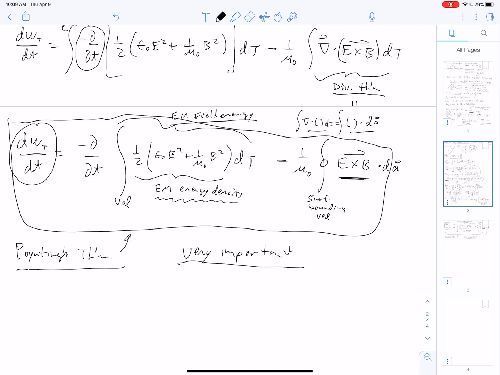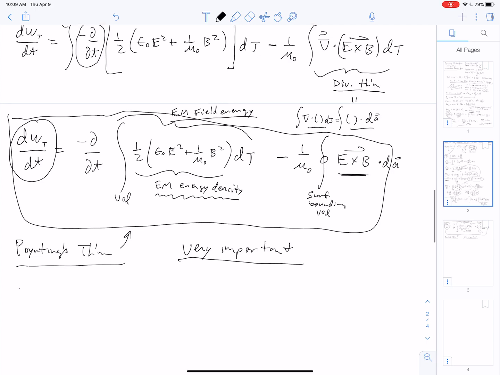Let's define a vector, the Poynting vector. S is equal to 1 over mu naught E cross B.